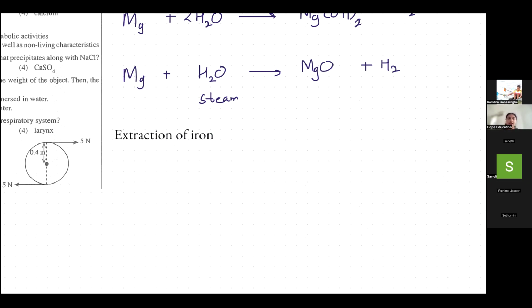I'm not saying I'm tired of teaching, but since we started past paper revision we have done extraction of iron like 3-4 times. And every time some of you get it wrong. Then maybe there's a problem. Quickly write.